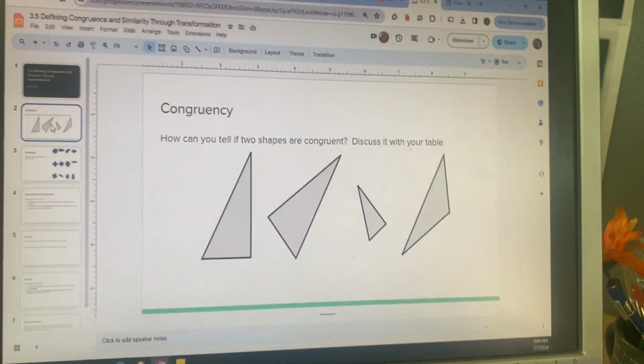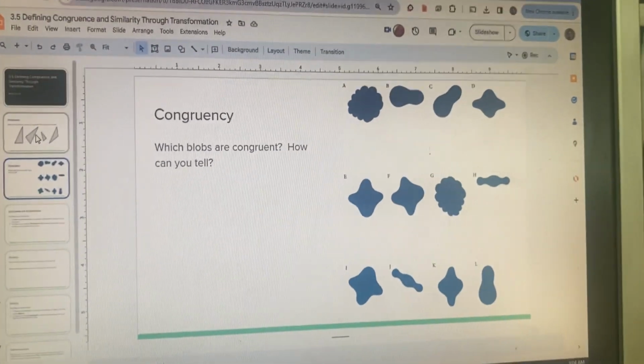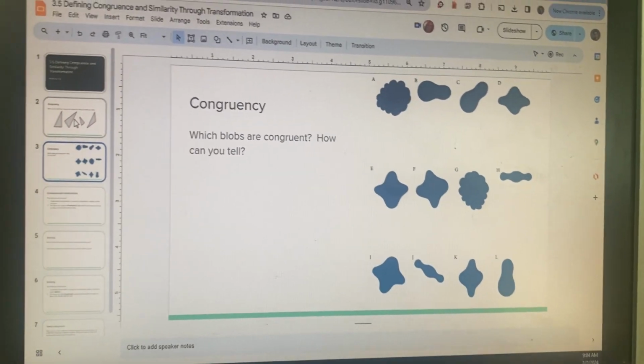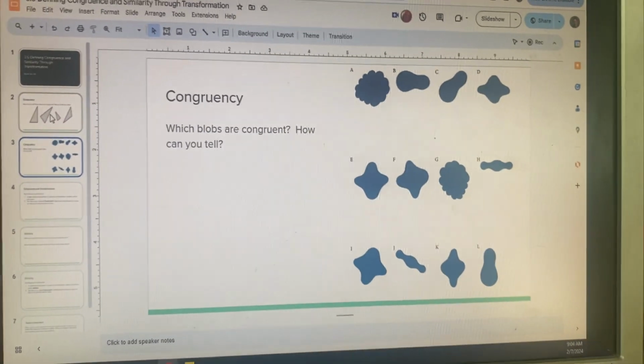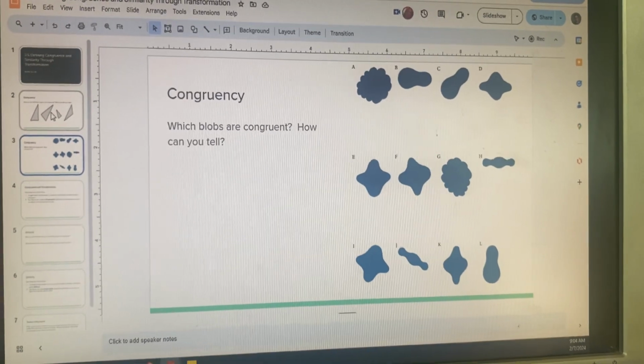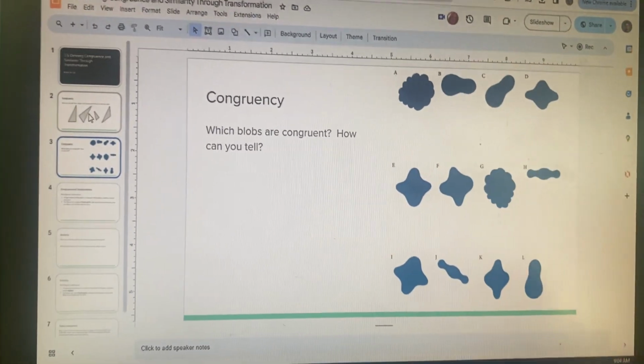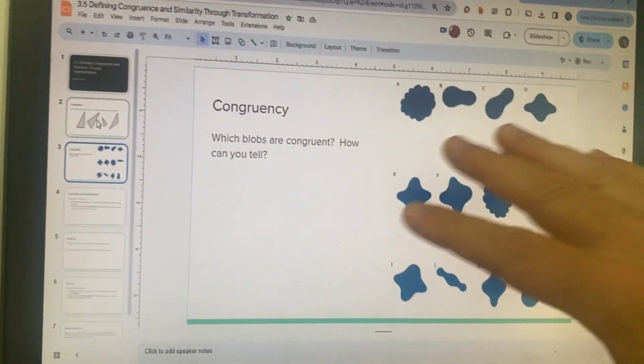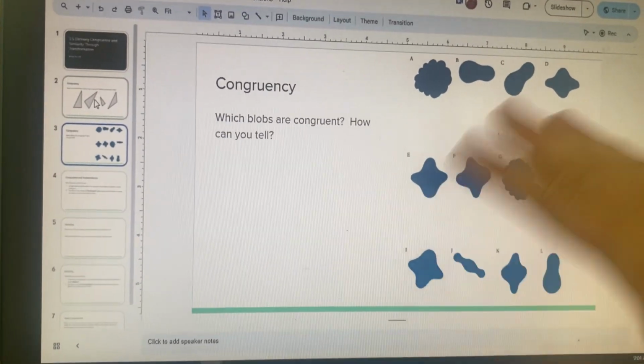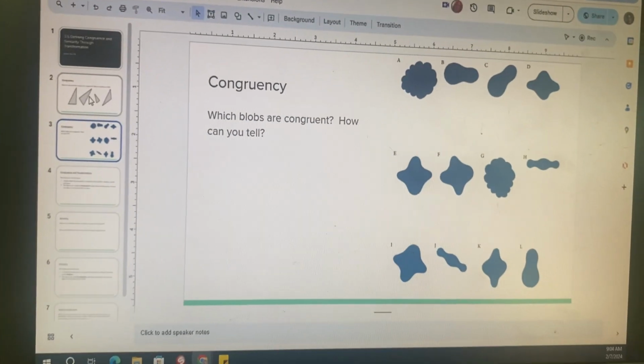Okay, so then when we look at the next slide, it says which blobs are congruent and how can you tell? This was supposed to be kind of an exercise similar to a card sort. If you make it to where you can overlay these, that's really the only way. There are no angles, no straight line sides that you can make measurements of.